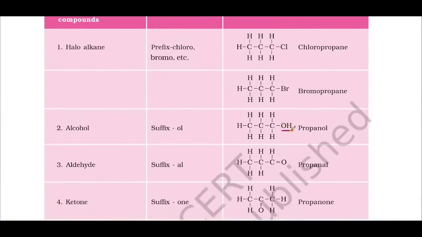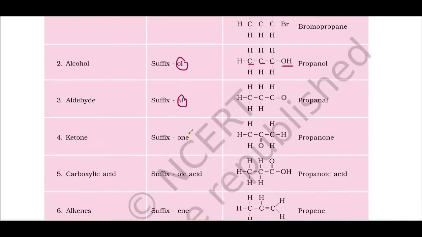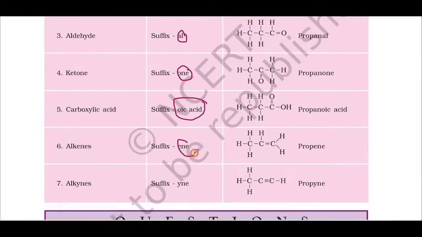You have a functional group here, OH, and how many carbon atoms are here? 3, right? 3 means propanol. For alcohol, the suffix is -ol. Aldehyde, it is -al. Ketone, the suffix is -one. Carboxylic acid, the suffix is -oic acid. Alkenes, it is -ene.